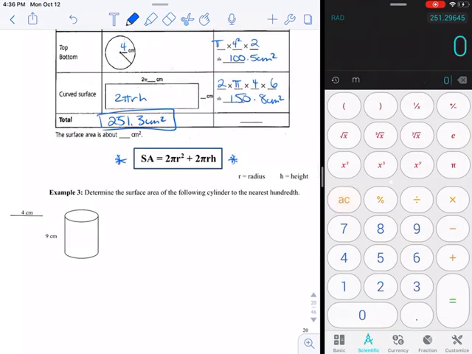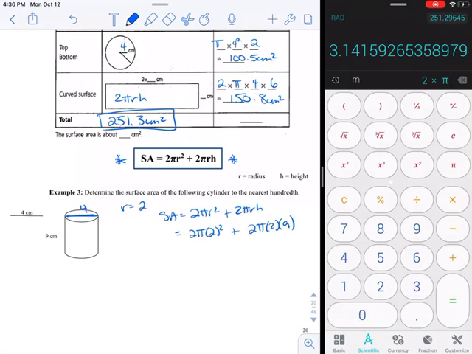So let's do another example here. This is supposed to be a diameter of 4 and a height of 9. So diameter of 4, which means our radius is 2. So we got to use that instead of 4 for the diameter. So surface area is equal to 2 pi r squared plus 2 pi RH. So that's 2 pi 2 squared plus 2 pi times 2 times the height of 9.